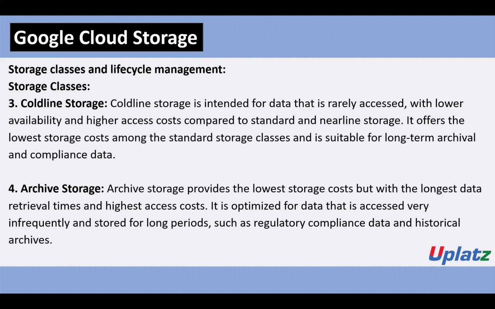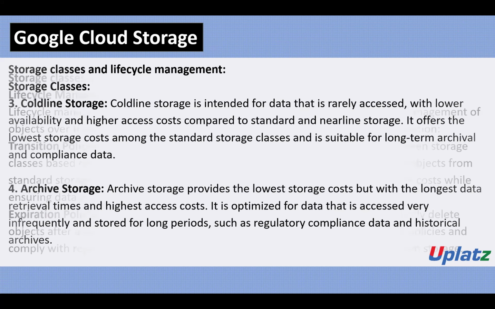Archive storage provides the lowest storage cost but with the longest data retrieval time and highest access cost. It is optimized for the data that is accessed very infrequently and is stored for a long period, such as regulatory compliance data and historical archives.